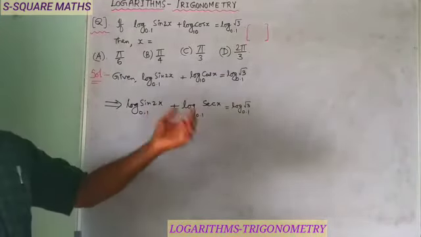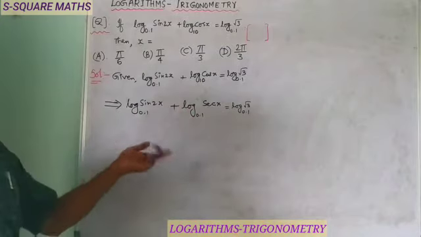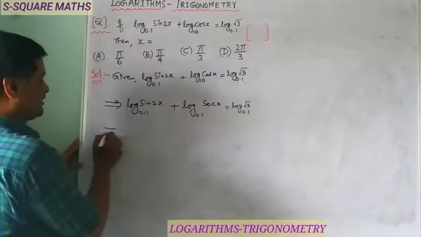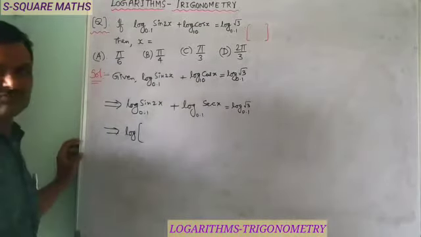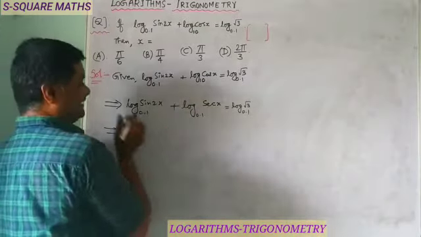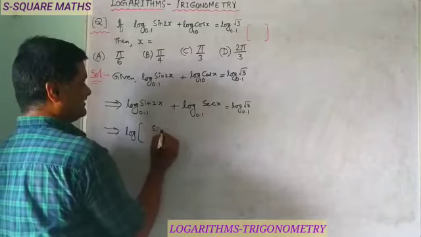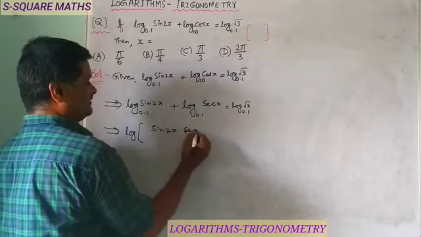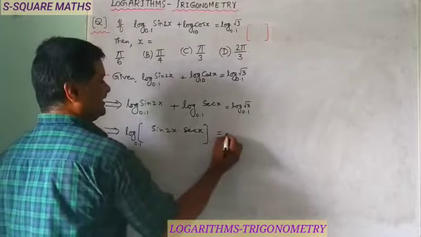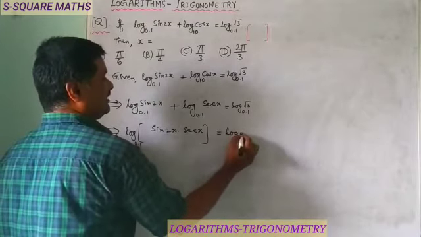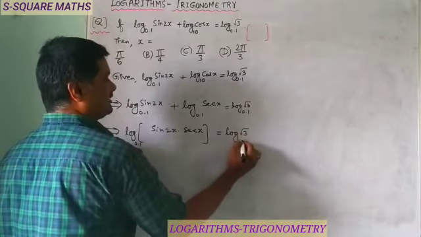Now both LHS and RHS are defined with respect to the same base. Now applying the property of the logarithm, I can write it as log of sin 2x into sec x to the base 0.1 and here it is log of root 3 to the base 0.1.